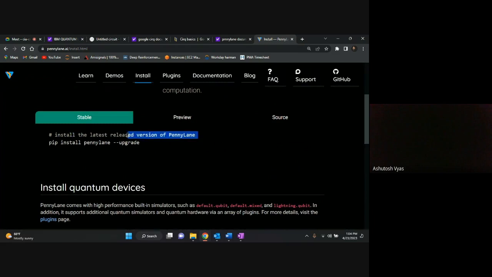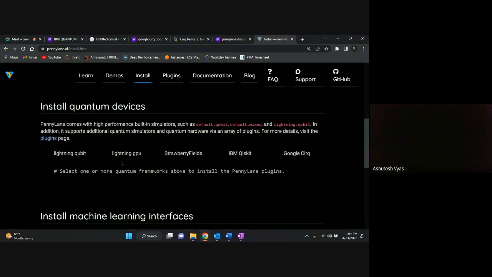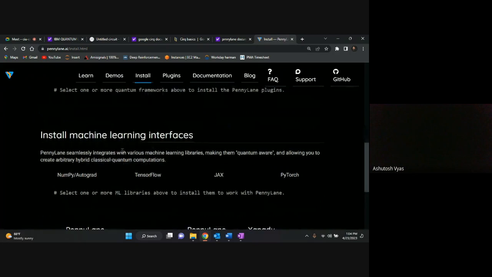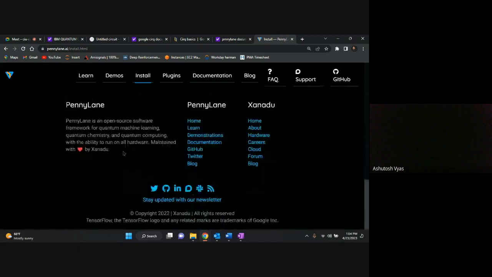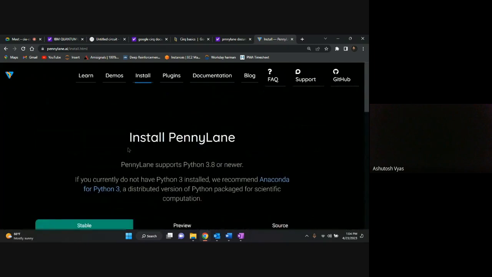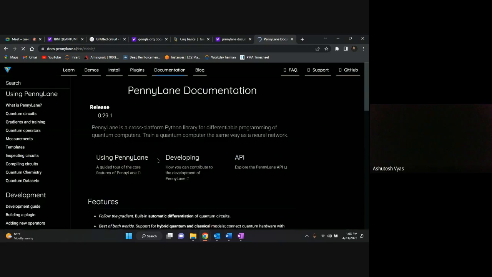That's it, and it will be installed on your local machine also. It also comes along with a simulator, right? You basically don't have to get a real QPU for it. There is a simulator which comes along with PennyLane when it is installed, and then there are a lot of operations which you can use to develop quantum circuits, right?